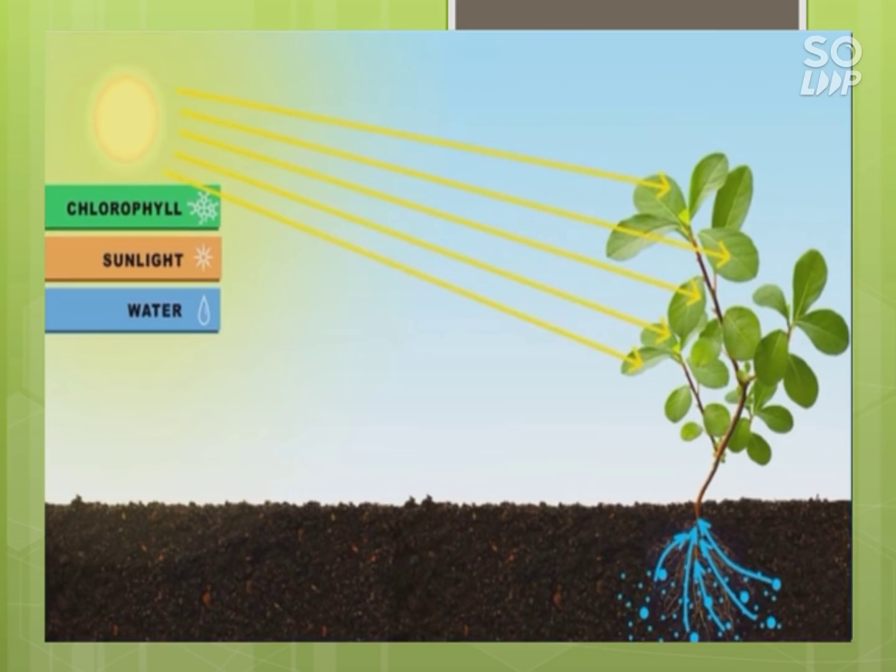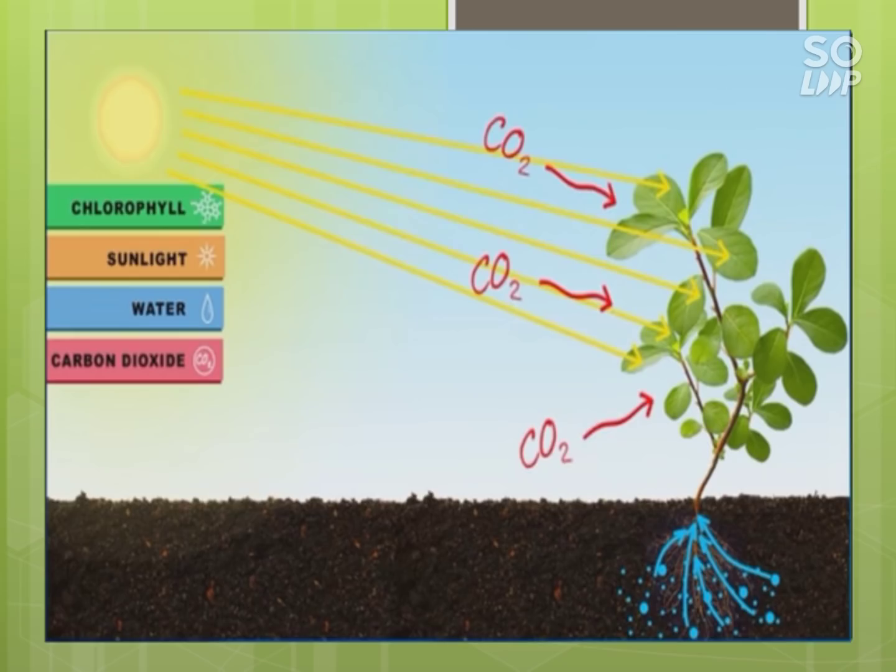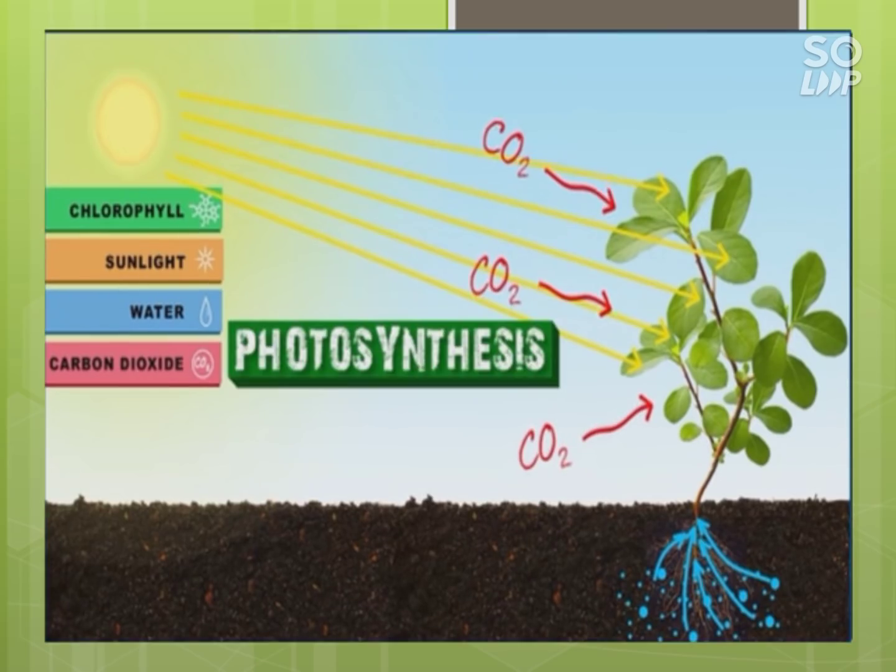Then it also takes up water which is present in the soil through roots and carbon dioxide present in the atmosphere. Now, all these elements help in the process of preparing their food, just like it was happening in the kitchen, which we also call the process of photosynthesis.